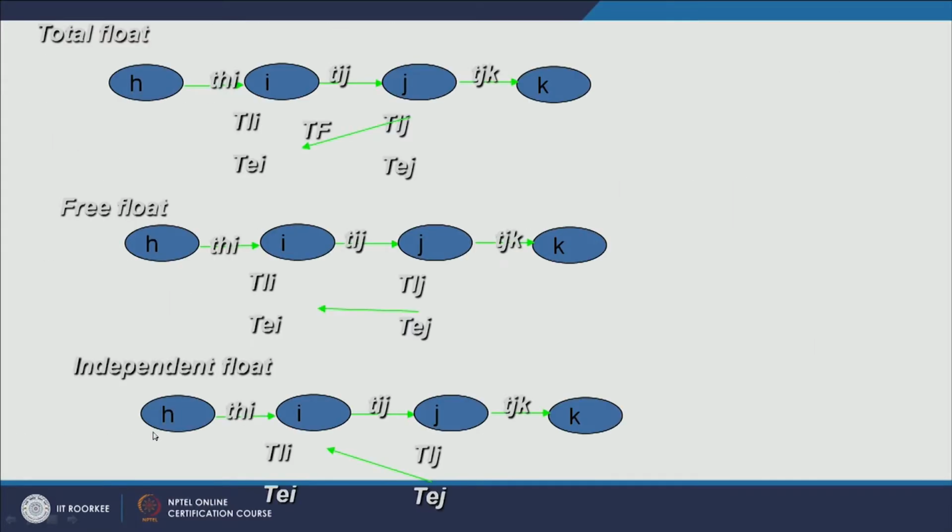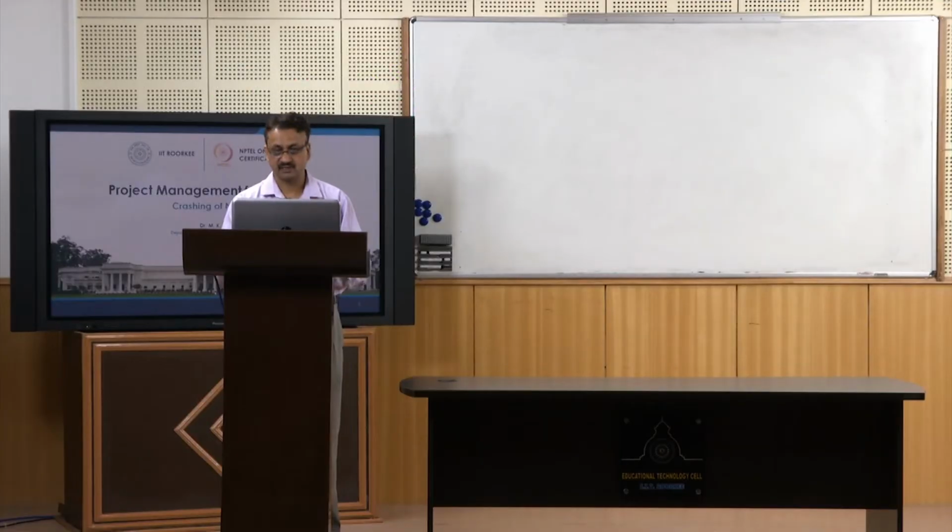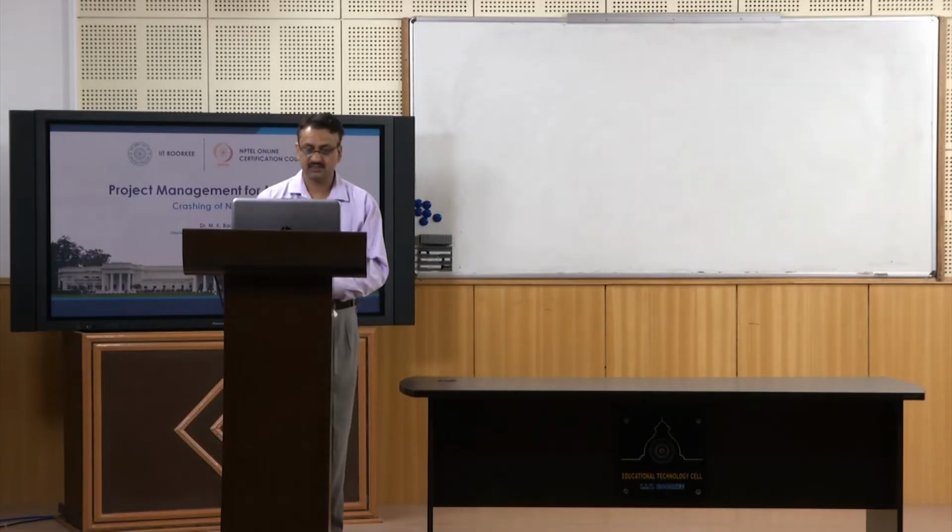And finally, this is what we saw in the previous session also. If you want to calculate free float, it is TEJ minus TEI minus duration, where both are earliest times: earliest finish time and earliest start time, right?